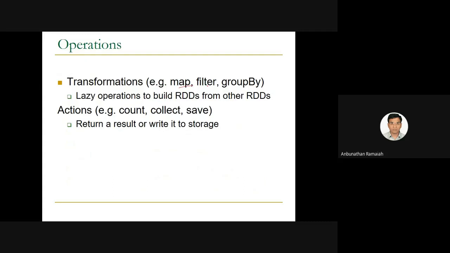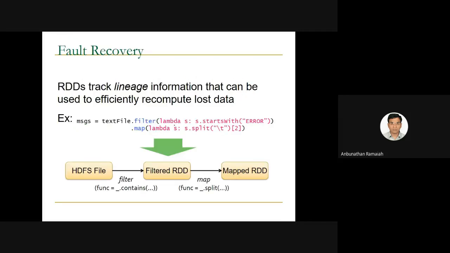Transformations like map, filter, group by, or aggregations are also possible. Lazy operations build RDDs from other RDDs. Actions like count, collect, save return a result or write to storage. How is fault recovery happening? RDDs track lineage information that can be used to efficiently recompute lost data.